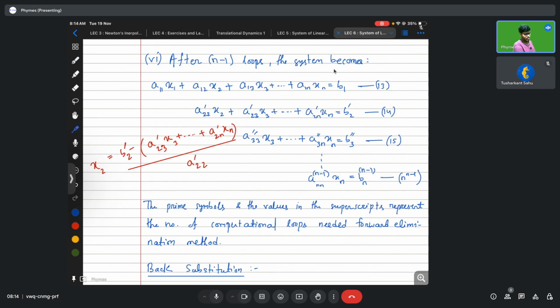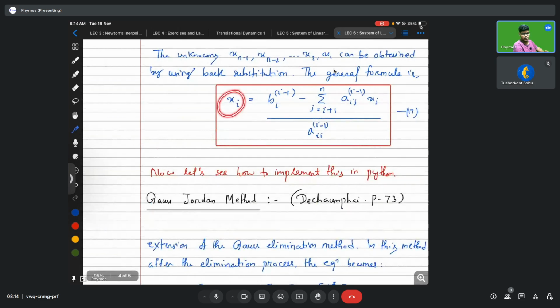So similarly, you can see here that this xi value is bi minus summation over j equals to i plus 1 to n aij xj divided by aii.